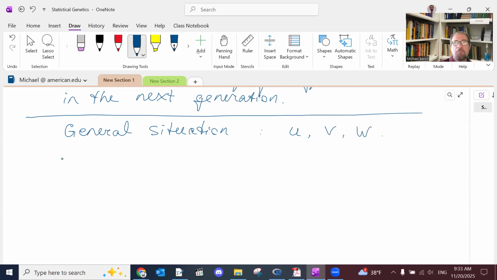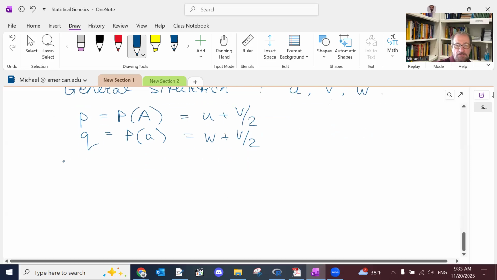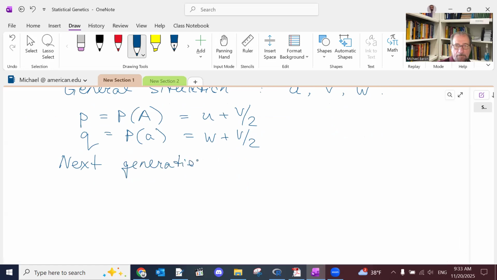And then we calculate probabilities of genes. So the proportion of dominant genes in the population is U plus V over 2, the proportion of recessive genes is W plus V over 2, and then we go to the next generation. In the next generation, how can you become a dominant homozygote?